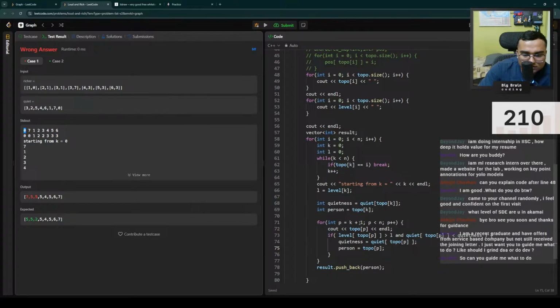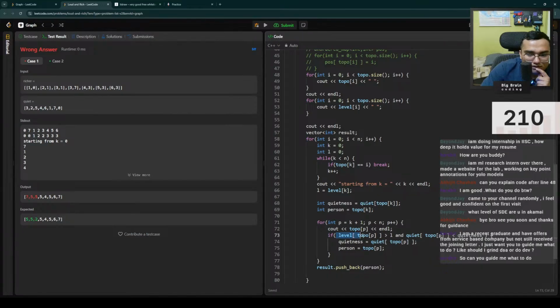So something is off here. K equals 0. Okay. Checking out 7. Quietness of 7 is 0.